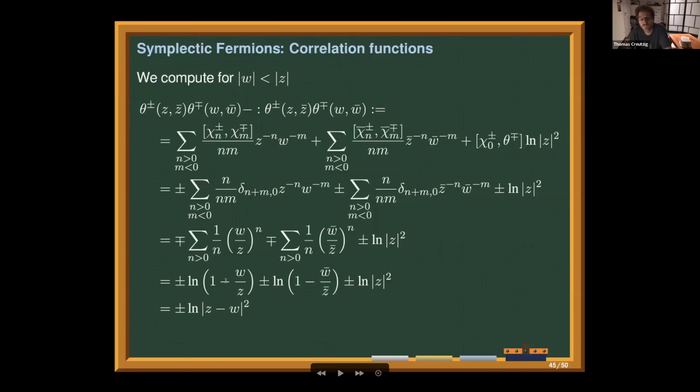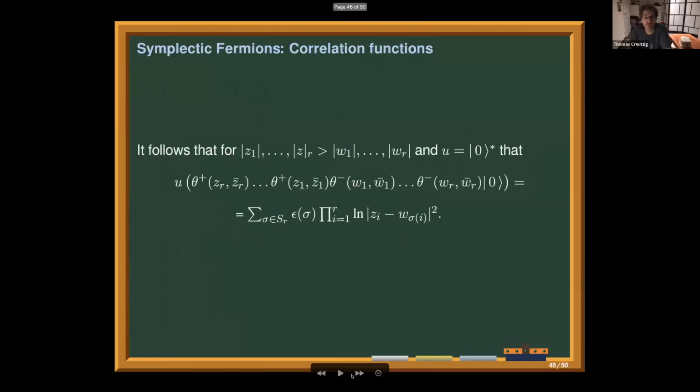But they combine nicely in just the logarithm of the absolute value of the difference squared, which is what one wants. We always want expressions that only depend on the absolute value of the difference of the insertion points.